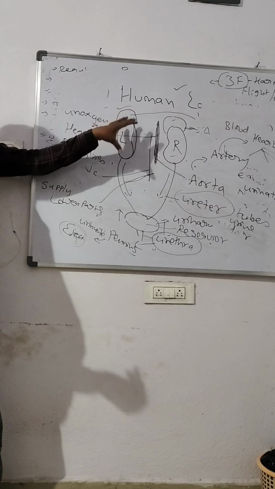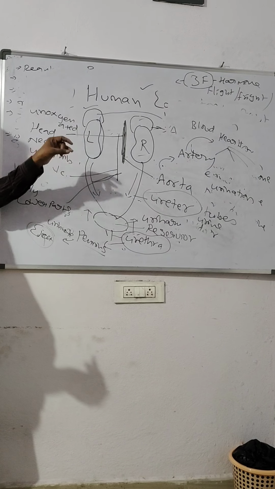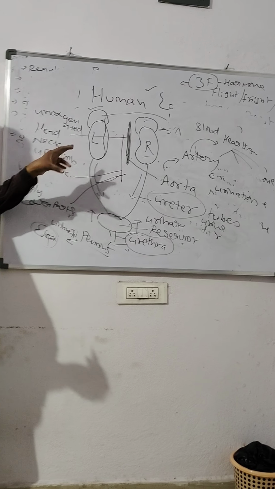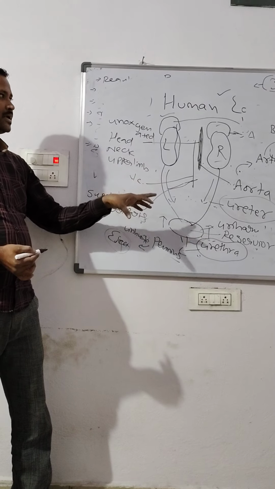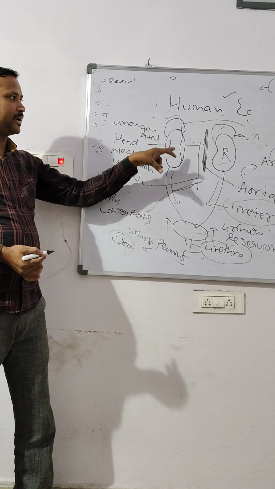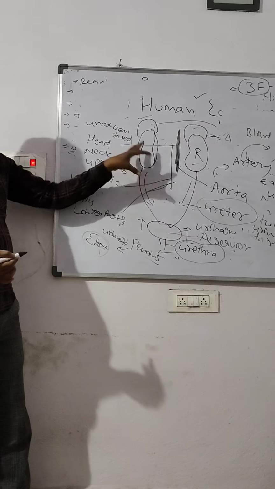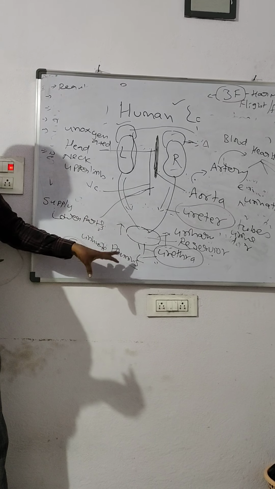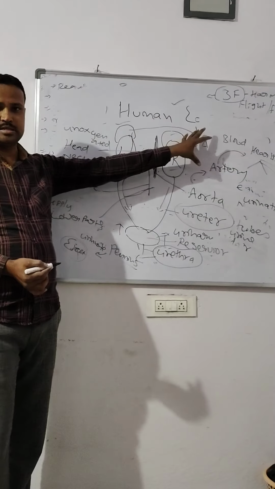Thereby we have completed the topic related to the human excretory system. One very important aspect of the excretion mechanism, called the human excretory system, is carried out by the kidney. Other mechanisms are also there, but we have selected the topic today for the discussion, that is the human excretory system.